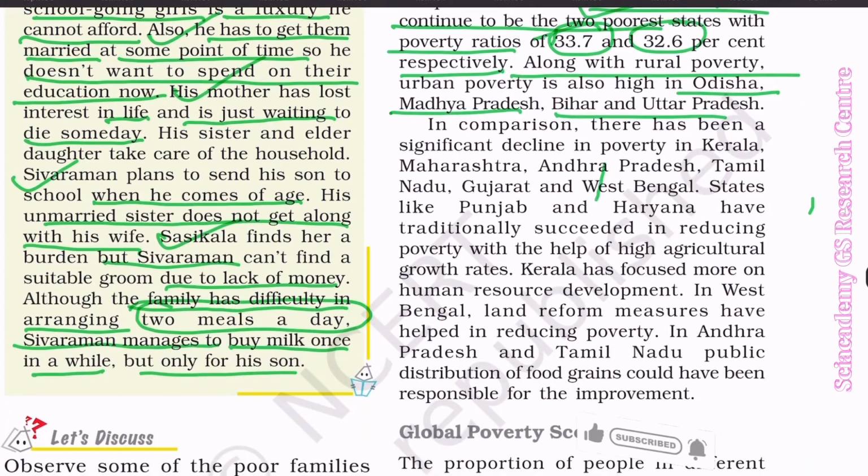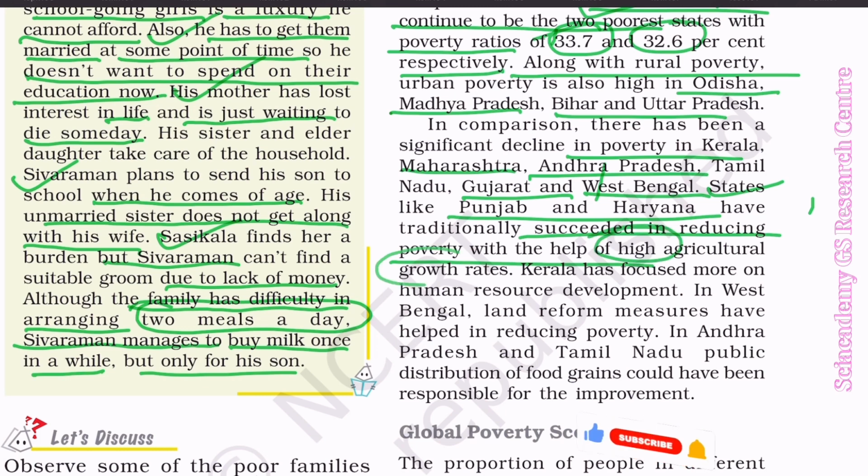In comparison, there has been a significant decline in poverty in Kerala, Maharashtra, Andhra Pradesh, Tamil Nadu, Gujarat, and West Bengal. States like Punjab and Haryana have traditionally succeeded in reducing poverty with the help of high agricultural growth rates. Kerala has focused more on human resource development.